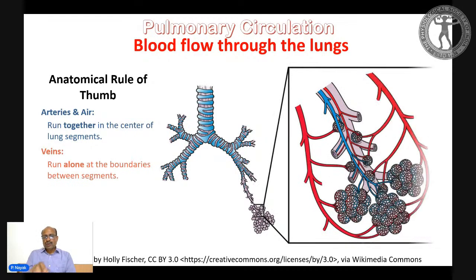You can see the arteries going like this, particularly when we come to the respiratory bronchiole, where gaseous exchange to some extent started, and as we go to the terminal alveoli, the arteries and the bronchial tree go parallel, and the veins go separately. In addition, we have the bronchial artery, which also runs parallel with the bronchial tree.